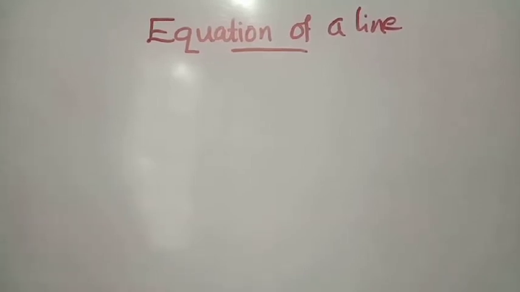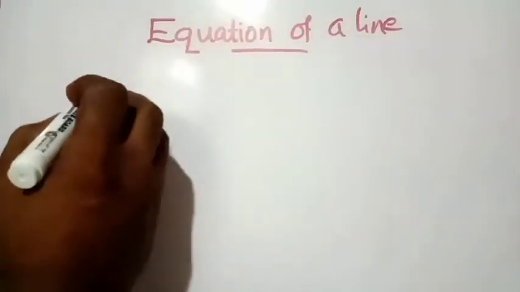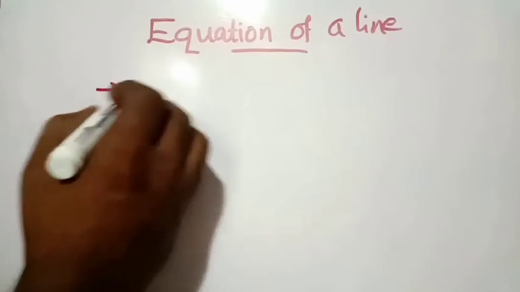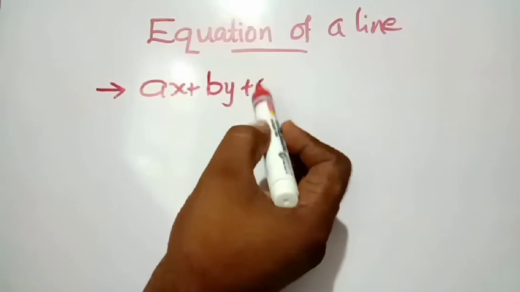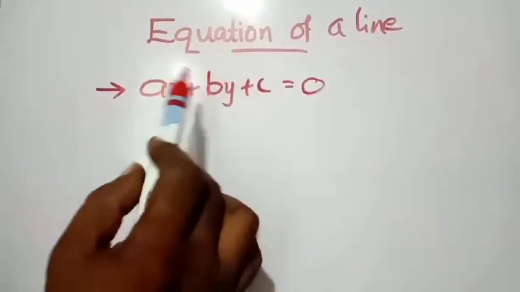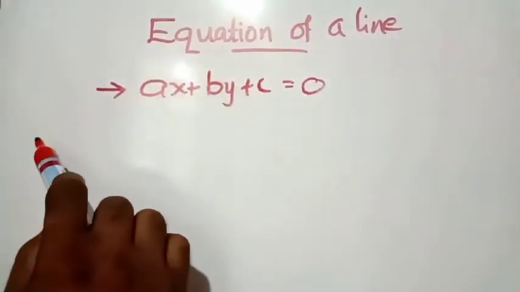And we discussed already, the equation of a straight line will be a linear equation, an equation of degree 1. So the general form of a line is ax plus by plus c is equal to 0. This is the general form of a straight line.